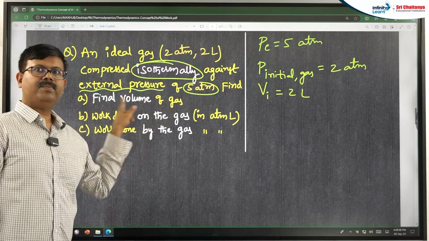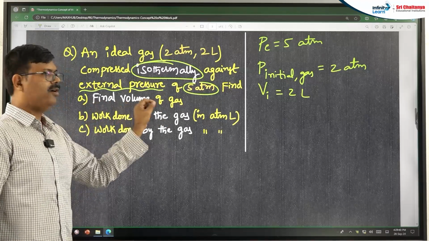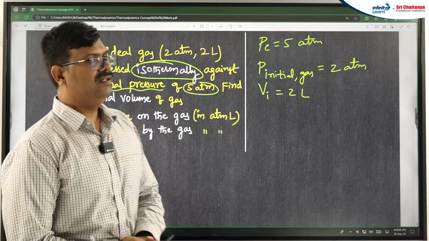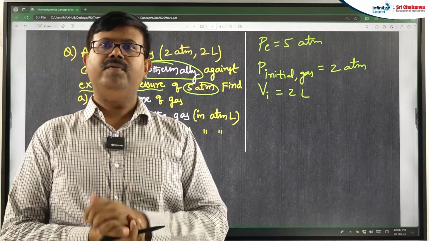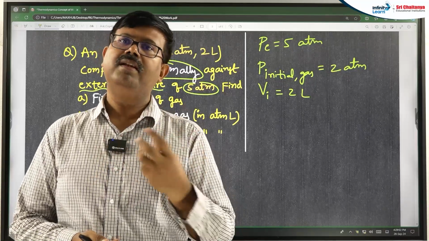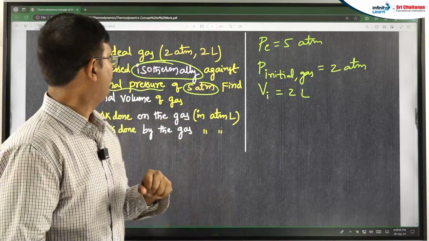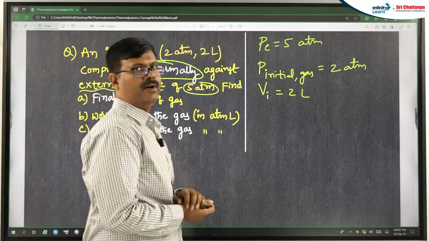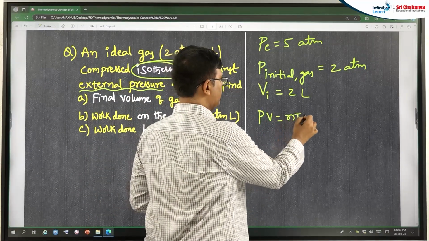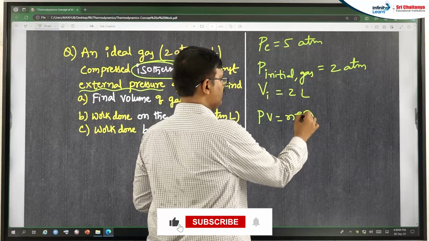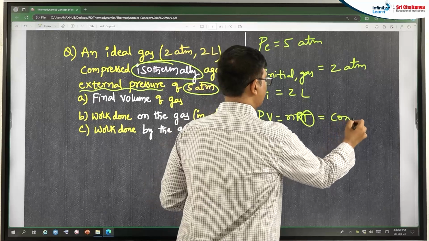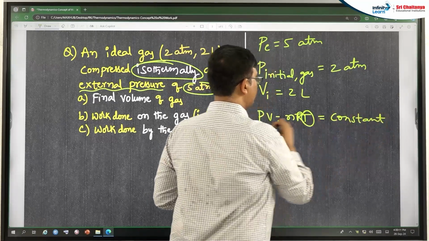The first part of the question is: find the final volume of the gas. Now, how to get the final volume? We know initial volume, we know initial pressure. See, since it is an isothermal process, PV is equal to nRT, and if temperature is constant, then PV is equal to constant.